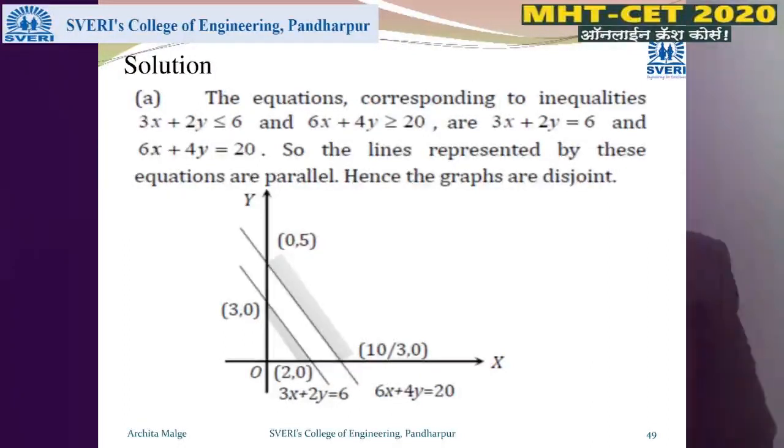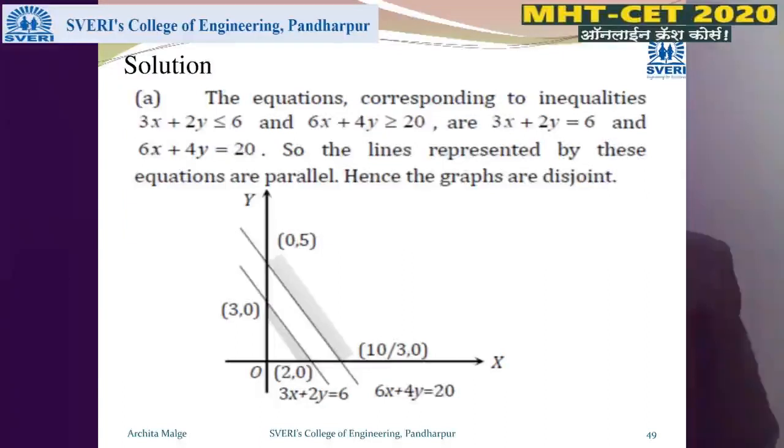The lines represented by these inequations are parallel. If we keep the value of x equal to 0 in the first equation, we get y will be 3. If y is 0, x will be 2. So points are here: on the y-axis 0, 3, on the x-axis 2, 0.